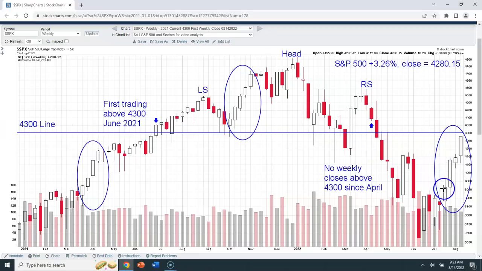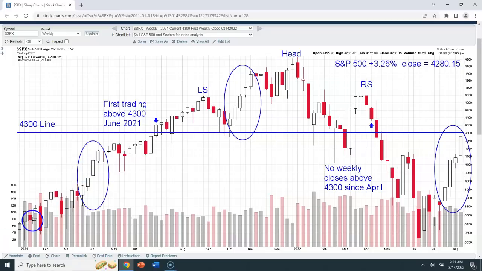So we're coming up to where we've bounced back to this neckline of this head and shoulders pattern, and this would be, again, another really high resistance point where it could be pretty tough for the S&P 500 to advance up past 4,300 or much higher, right? We might obviously push 4,350 or whatever, but the further you get above this area, the more resistance we're probably going to run up against, all right?